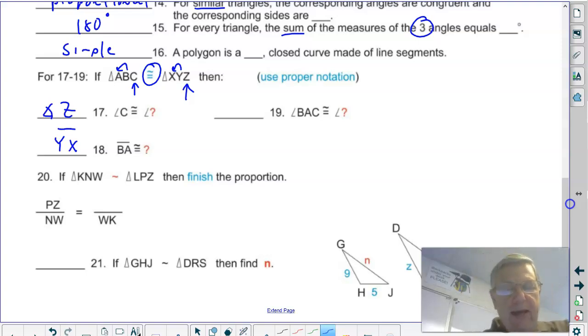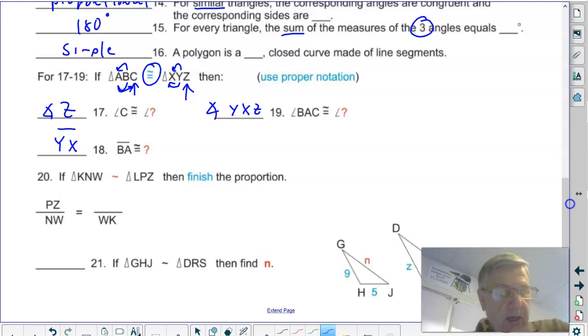Line segment YX. Angle BAC. BAC. 19, YXZ. YXZ. 19, and again, the question mark is angle YXZ. Maybe you put the angle symbol again. You don't need that because the question mark were the 3 letters.